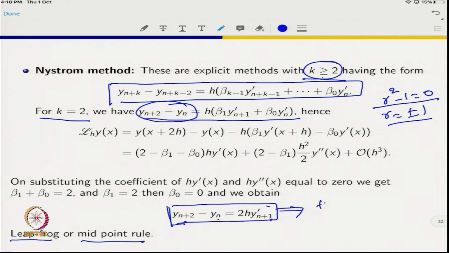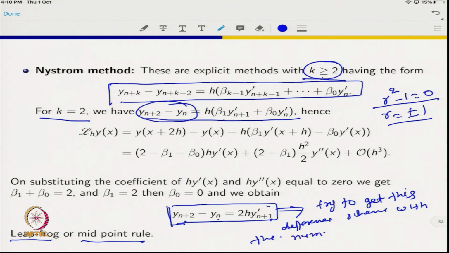So, let me write down here, try to get this difference scheme with the help of numerical quadrature.